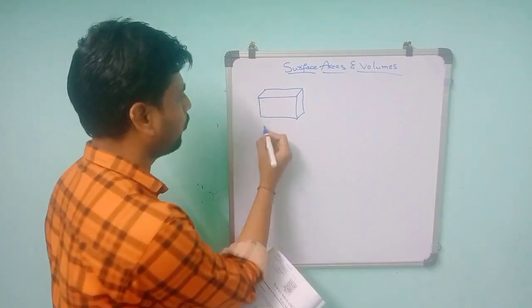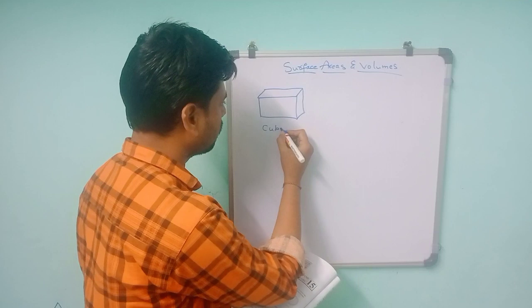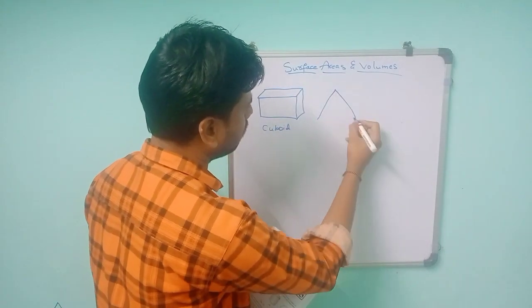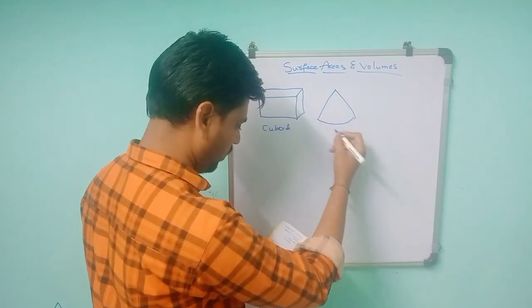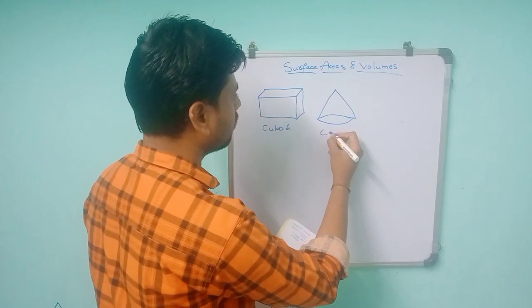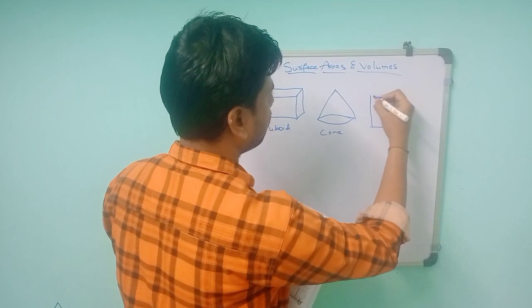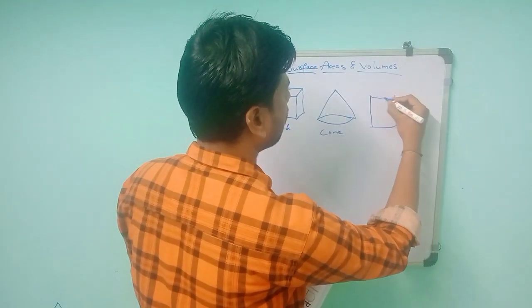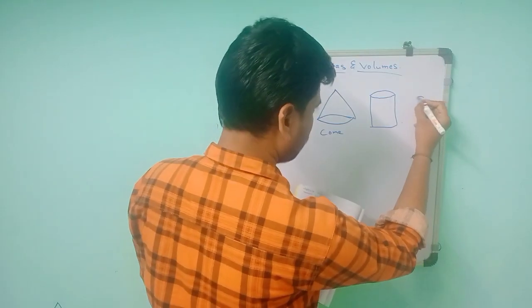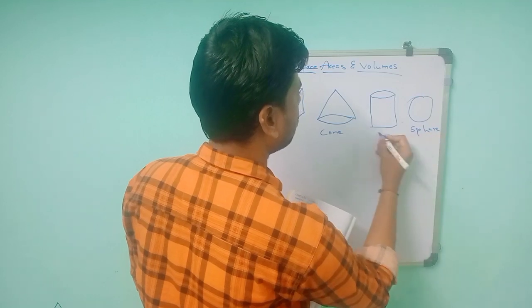This is a cuboid. The second one is a cone. The third one is a cylinder. The fourth shape is a sphere.